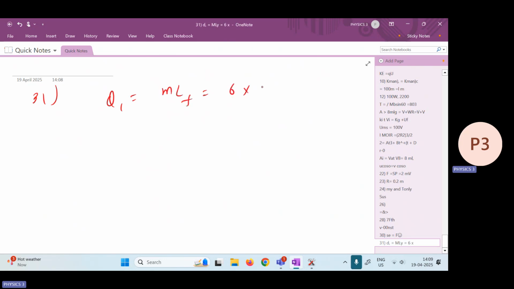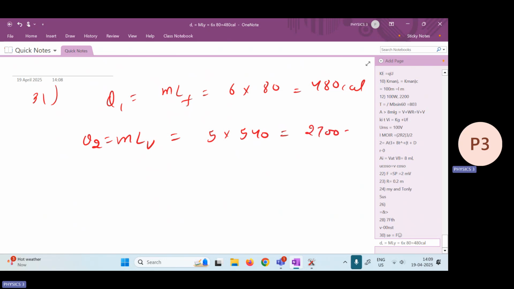That will be 6 into 80 calorie per gram, which is 480 calories. And if we condense the steam, that will be m into L_V, so 5 into 540, which is 2700 calorie.